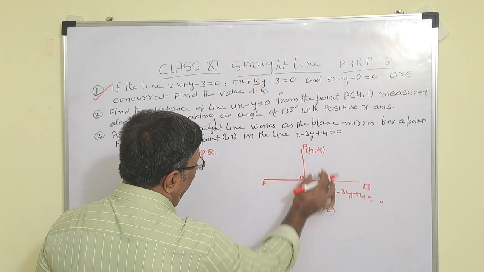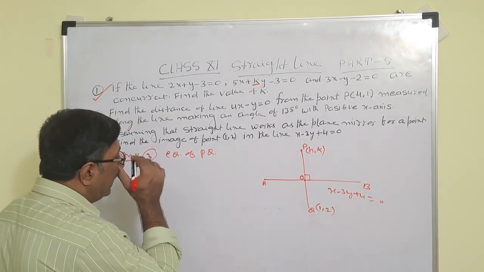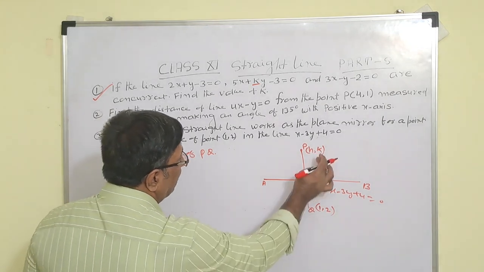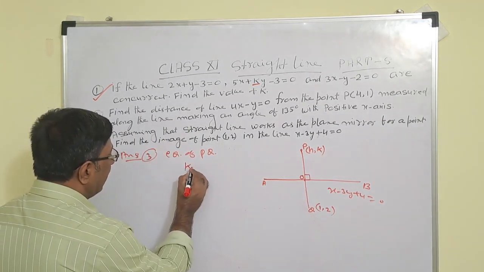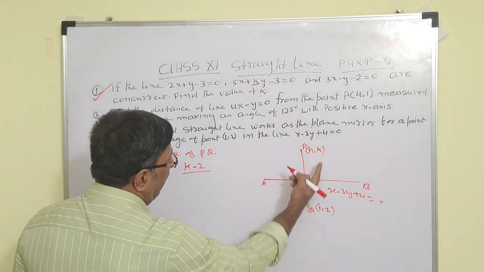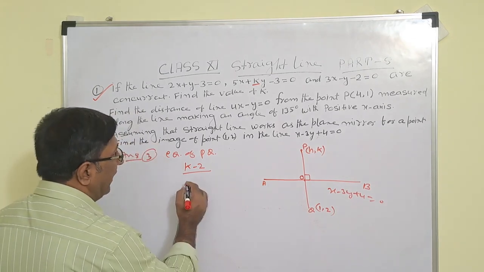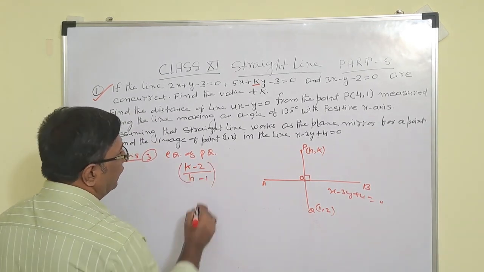How can we find the slope of this line? Slope means the difference of y coordinates divided by the difference of x coordinates. So we can write here k minus 2, that is y2 minus y1, upon x2 minus x1, which is h minus 1, right? So that is the slope of this line.